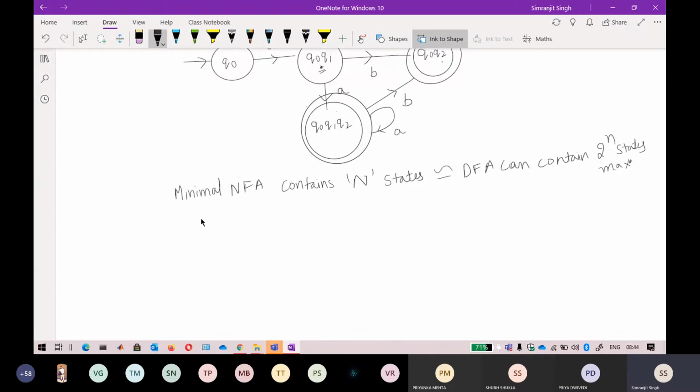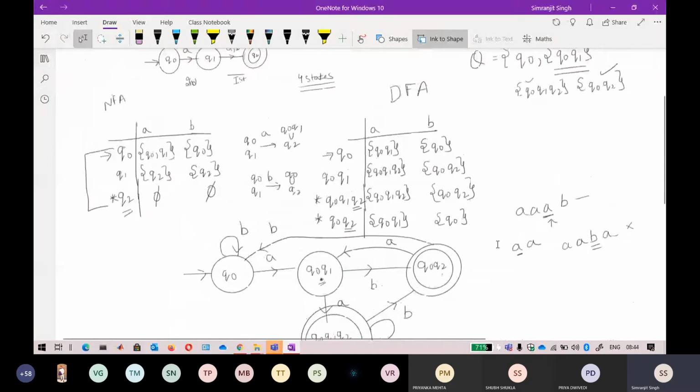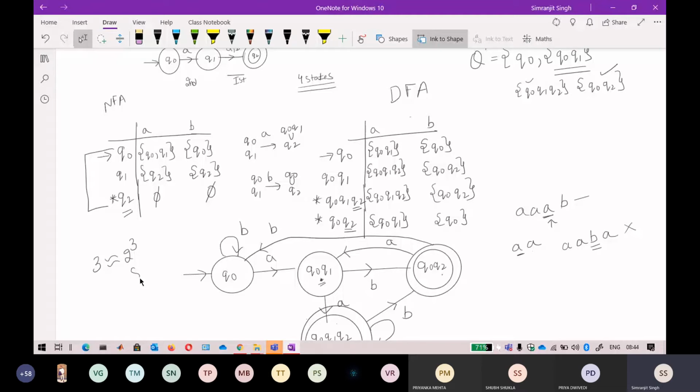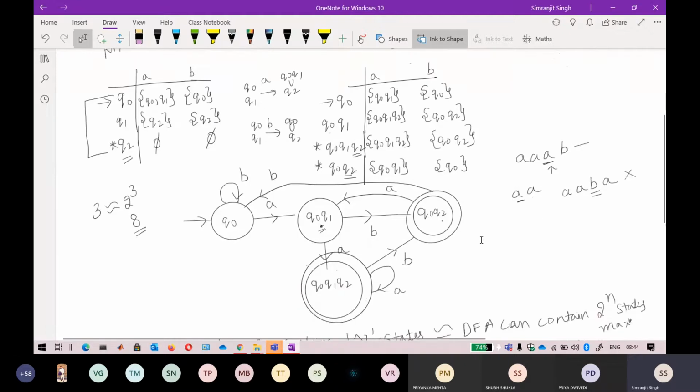If you look at this NFA, the set of states was 3. So the equivalent DFA can contain 2 raised to power 3, that is 8 states. But if you clearly look at this, it is only containing 4 states.